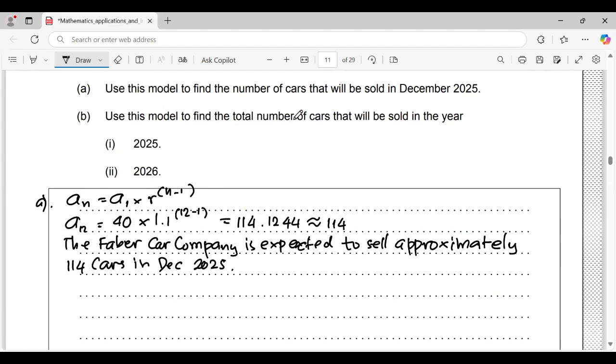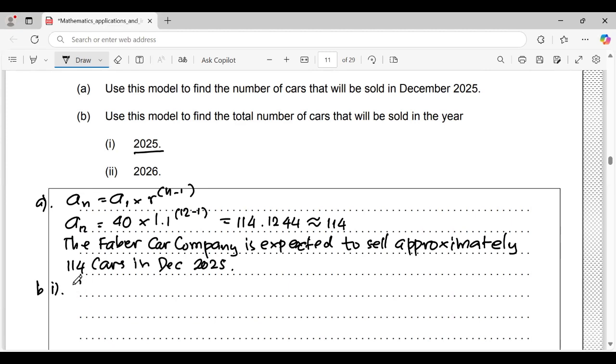Which one? Use this model to find the number of cars that will be sold in the year 2025. Part B, part 1. So for the sum, we are going to use the sum formula, the sum of the first n terms.